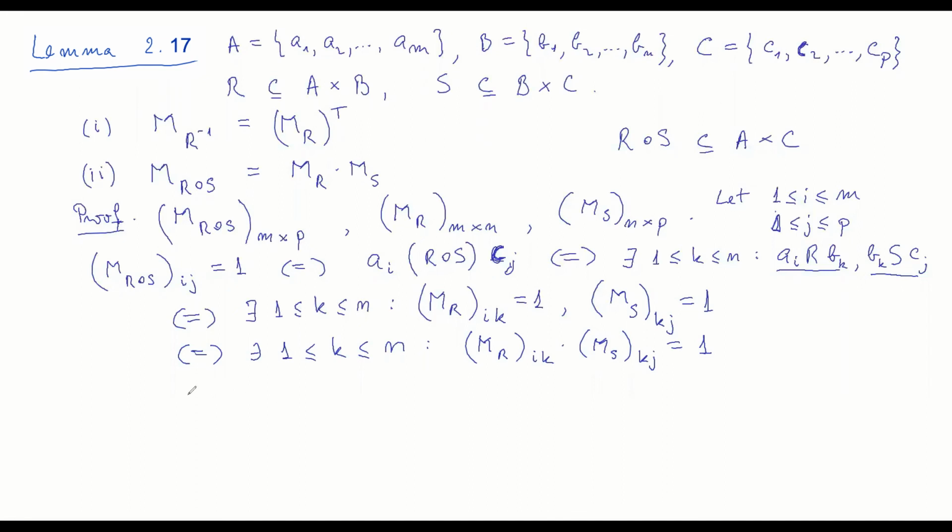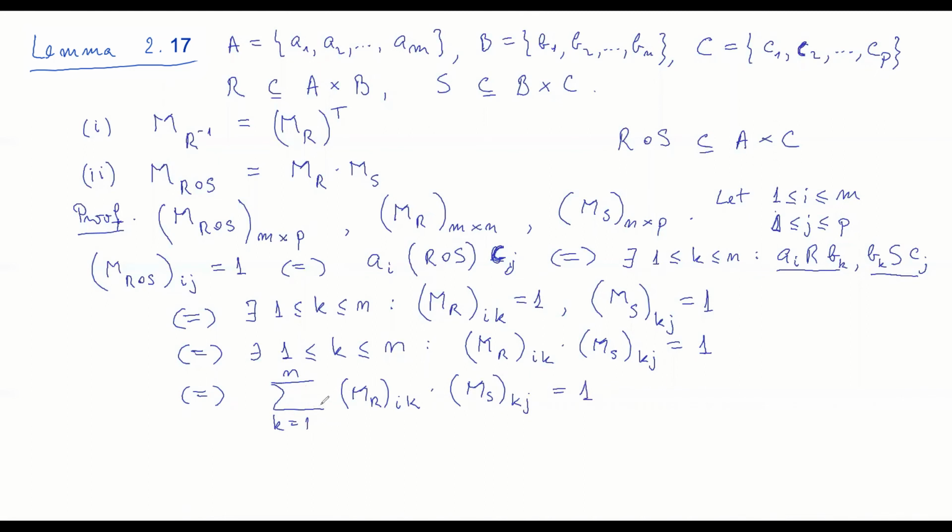And so this is now equivalent with, again, I'm just writing this and then I comment, the sum of MR ik times MS kj, sum over all the k's from 1 to n, being equal to 1. And again, this only holds for the Boolean algebra B2.